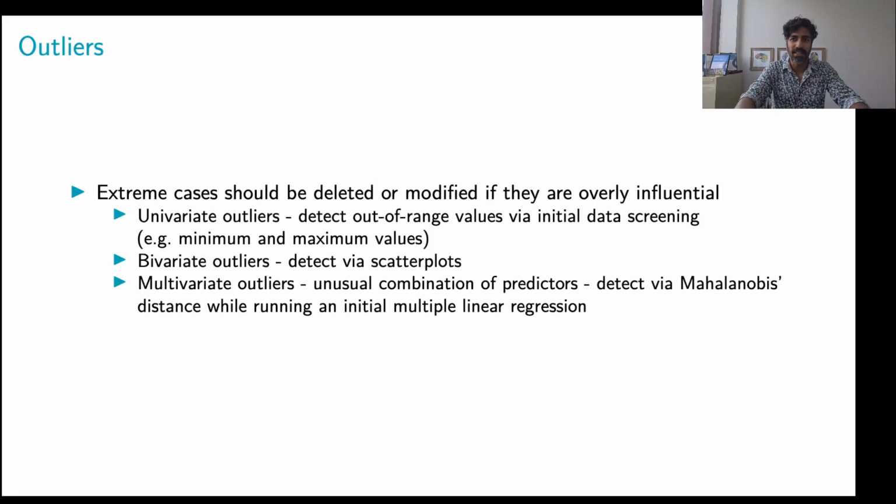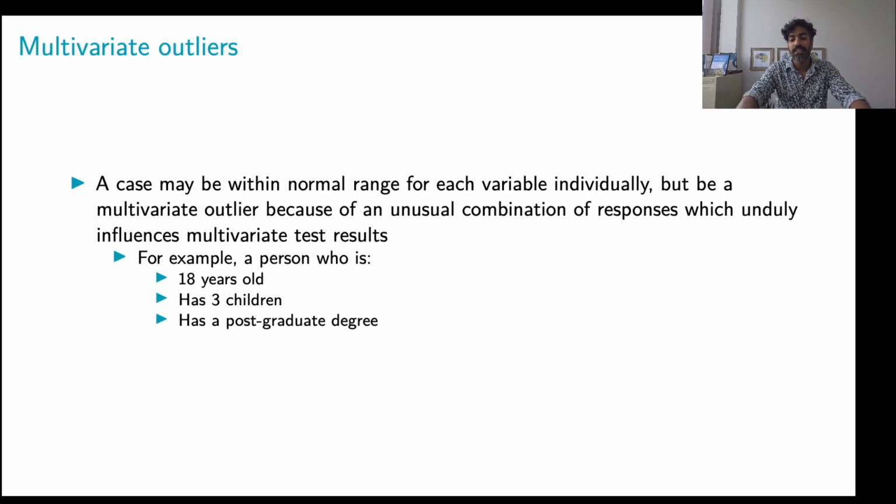So let's talk about multivariate outliers. You may be asking, what does Mahalanobis distance do? Well, it statistically quantifies cases where a case may be within a normal range for each variable individually, but be a multivariate outlier because of an unusual combination of responses, which unduly influences multivariate test results.